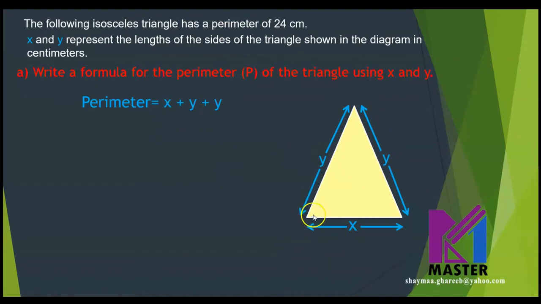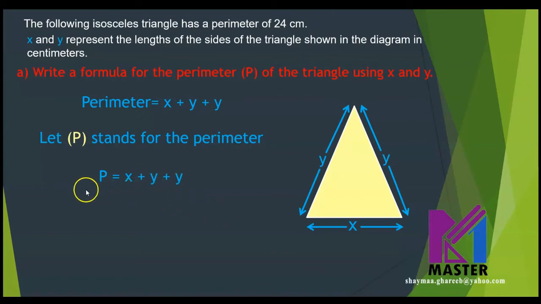So it will be X, this side, plus Y plus Y. Because the question says write P for the perimeter, we'll say P equals X plus Y plus Y. So this is the formula that describes the perimeter of this triangle. So now I can write it another way.